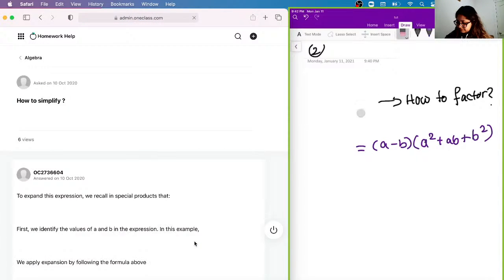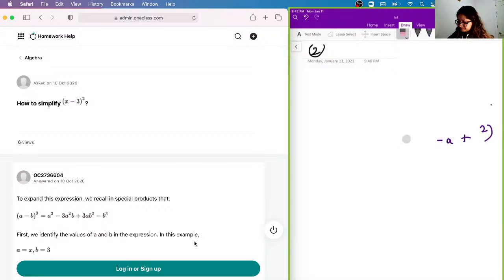Next question. How do you simplify x minus 3 squared?